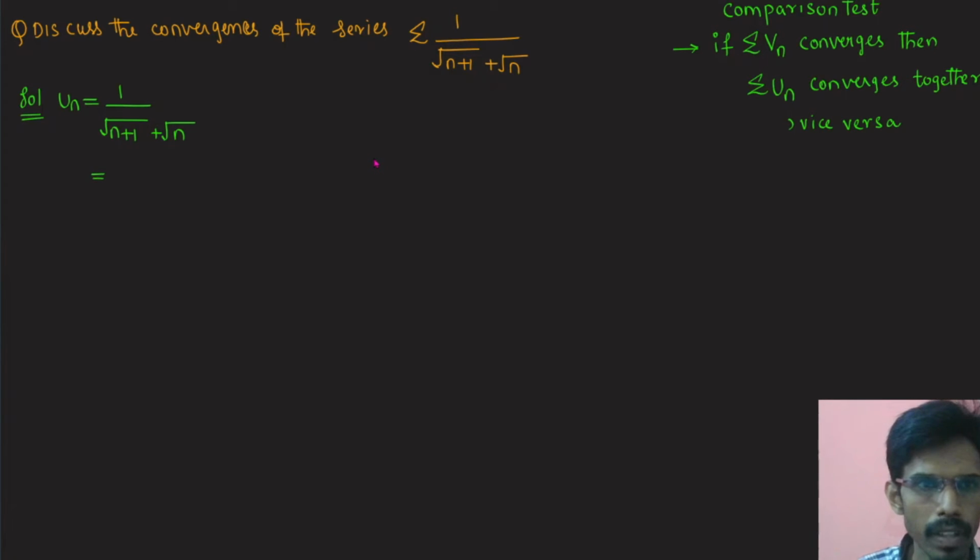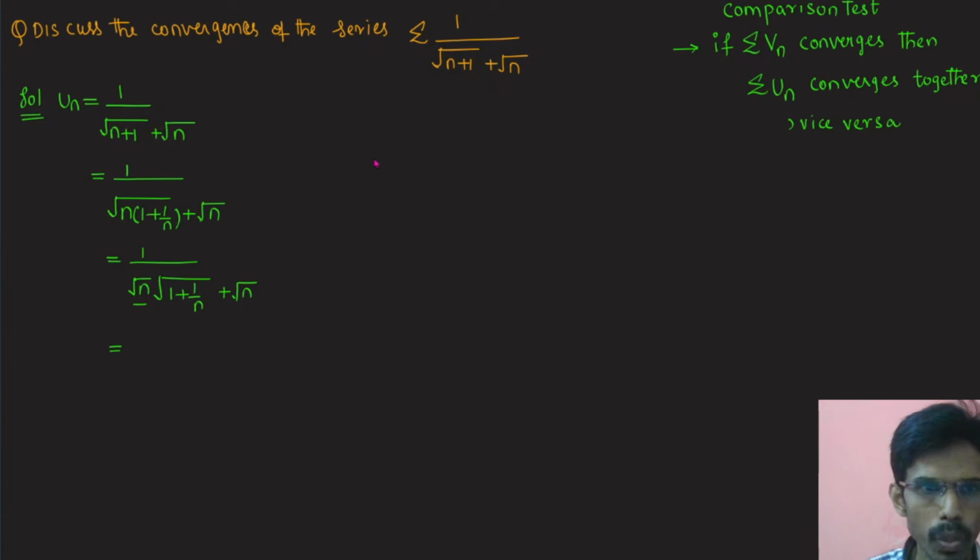Now take n common from here. We have 1 plus 1 by n inside this root. Next plus we have root n. So we distribute this root to these two terms. We have root n into root 1 plus 1 by n plus root n.